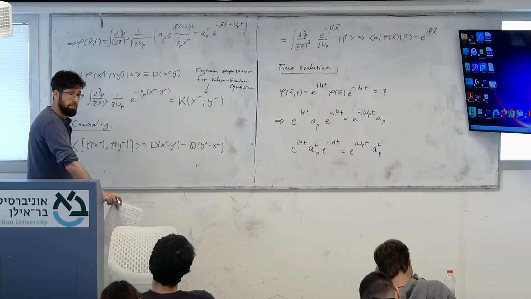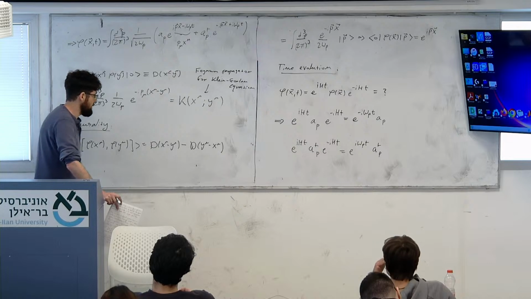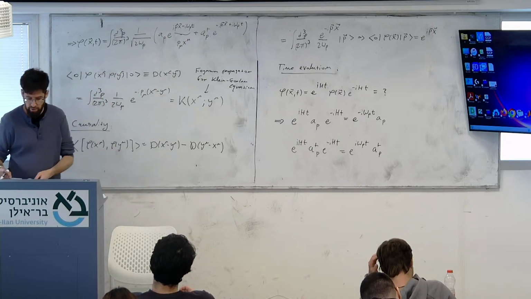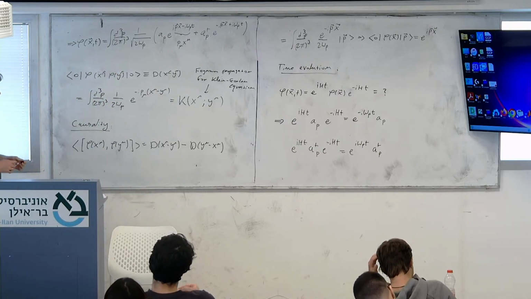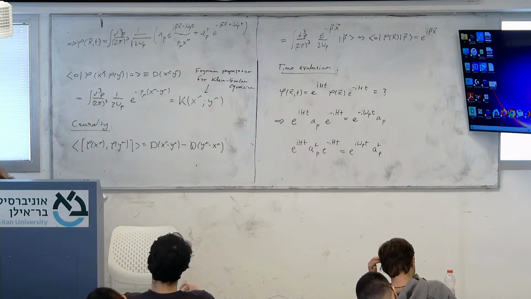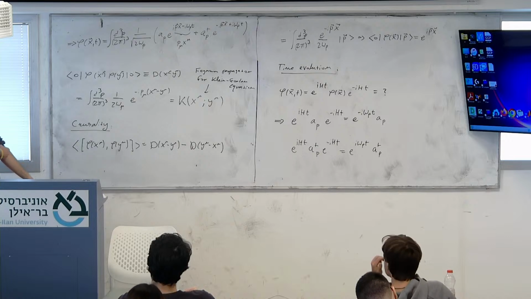So this is a generic quantization for a Lorentz invariant scalar field. I understand that you did see the quantization of the electromagnetic field, which is good.